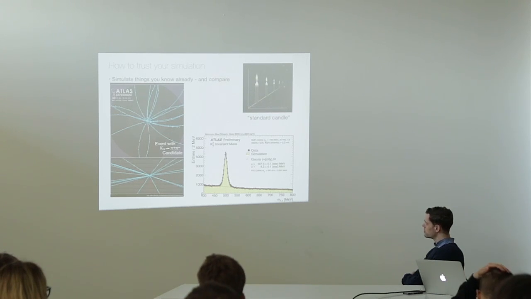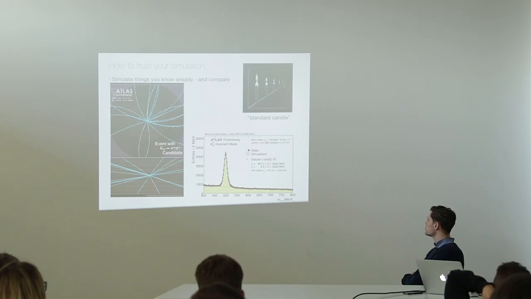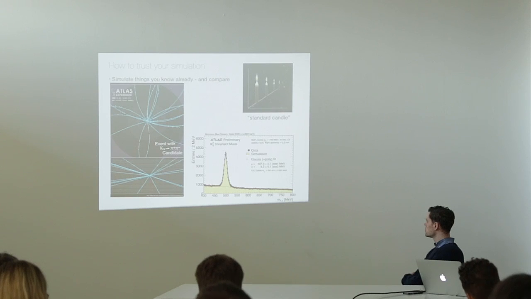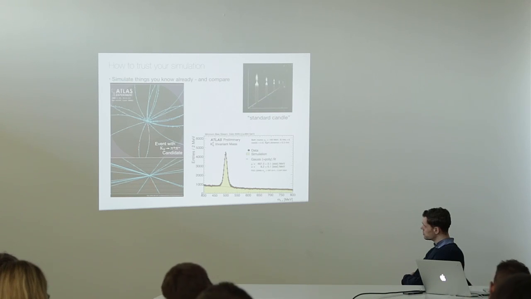And the best thing to check your simulation is to compare it with something you know already. Just simulate things you already know. If you can simulate all the things you already know, and the things you don't know yet are, let's say, in a phase space in a similar manner related to the things you know, you can build up trust that what you simulate is actually right. In astronomy, this is often called a standard candle.